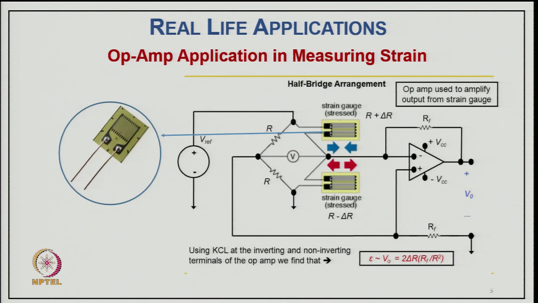Then there is the operational amplifier application in measuring strain. You convert a mechanical quantity by transduction to electrical, then you amplify it, and it finally goes to measuring or some other application.